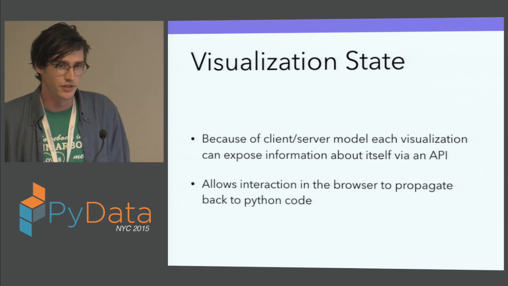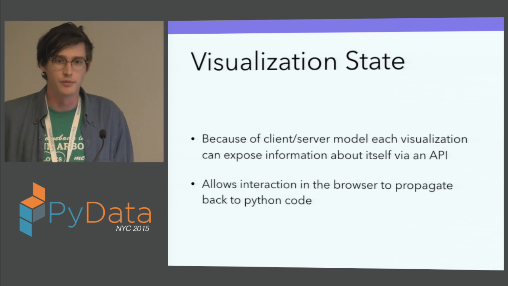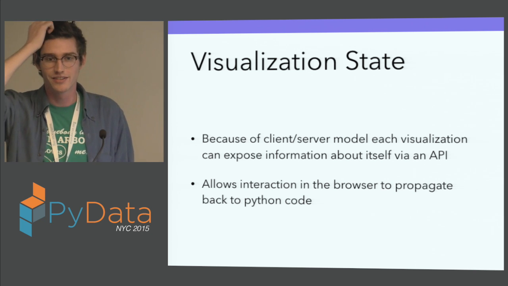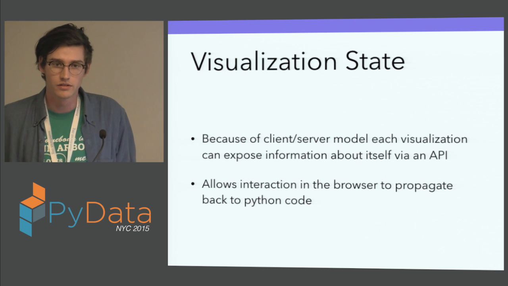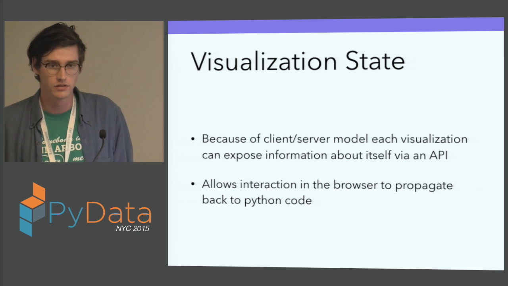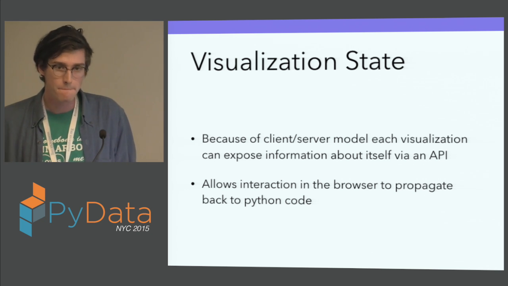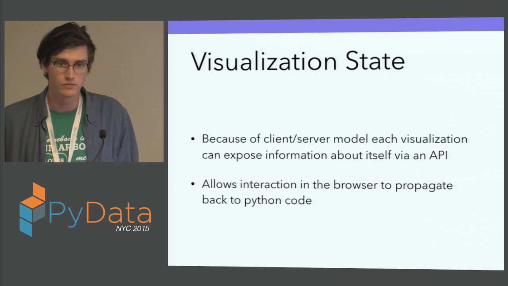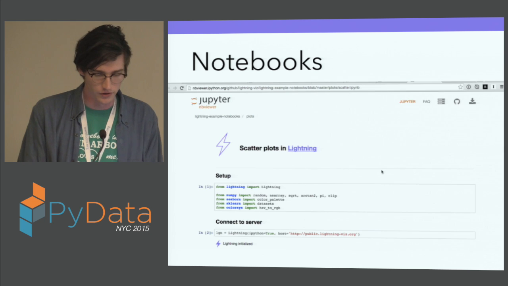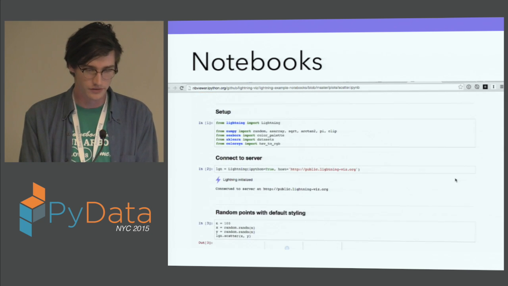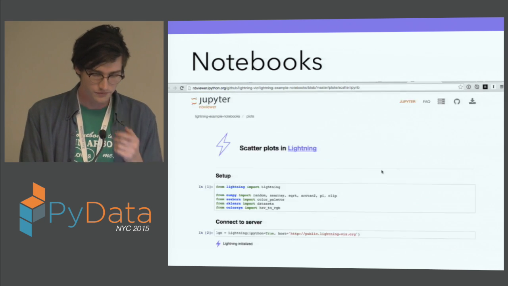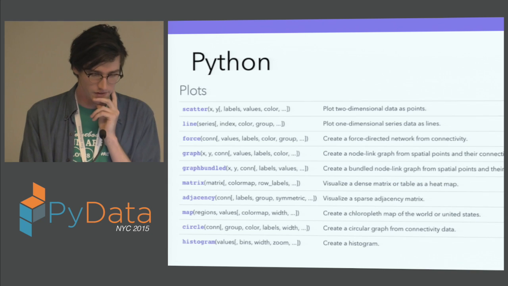Yeah, by the way, if anyone has any questions at any point, just feel free to stop me. Yeah? So you had like the API had like 10 types of plots. Uh-huh. But the types of visualizations you showed somewhere in Lightning had like many more. Okay, so like for example in the actual Lightning app on the left-hand side. Oh, yeah.